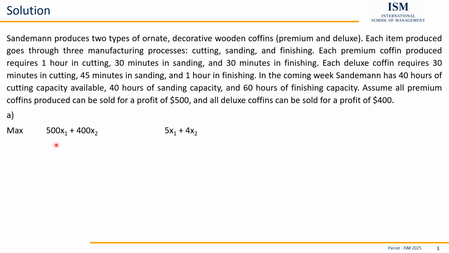However, aside from the objective function, we will also have some constraints. In particular, we have constraints regarding the three processes all coffins have to go through: cutting, sanding, and finishing. Since we have some information in hours, some in minutes, it would be easier to formulate everything in the same unit, so we're going to go with minutes.